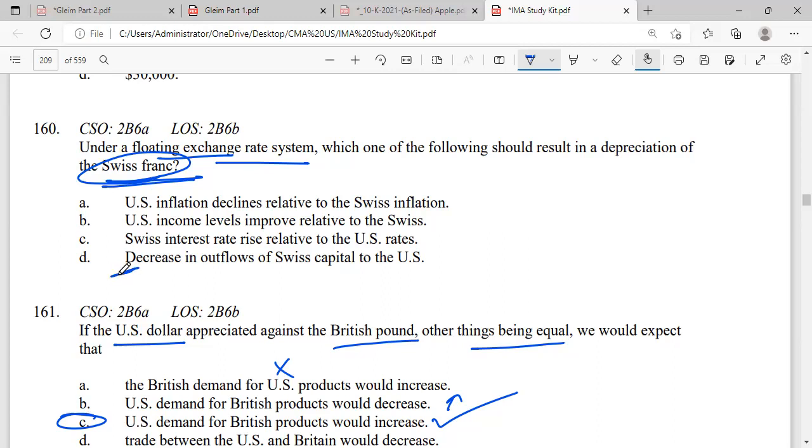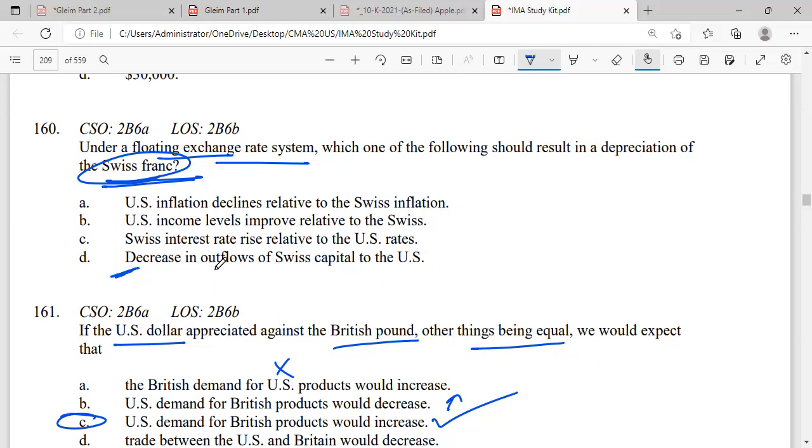Let's see from these options. Decrease in outflows of Swiss capital to the US. If this happens, then it will appreciate.